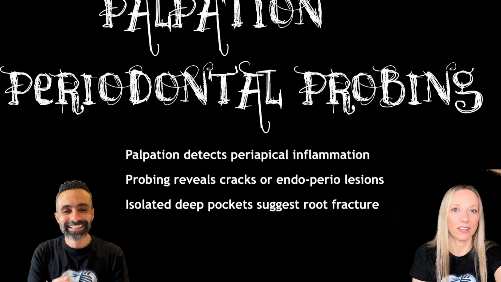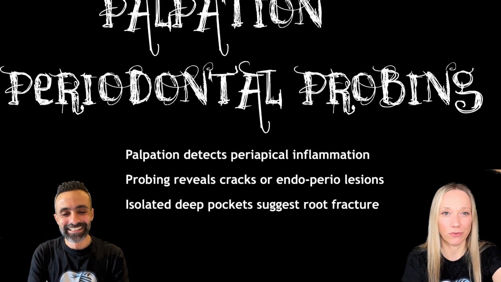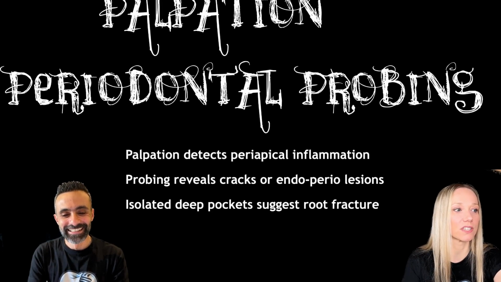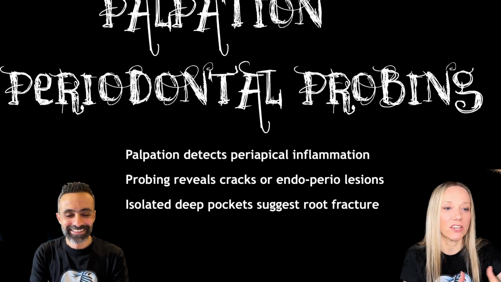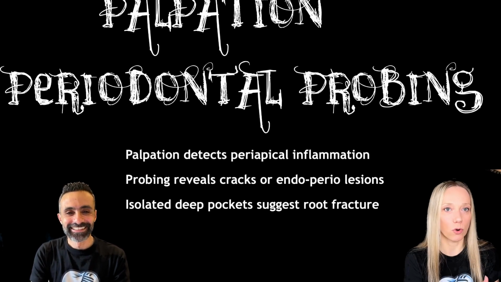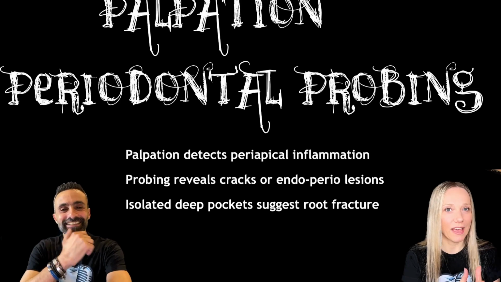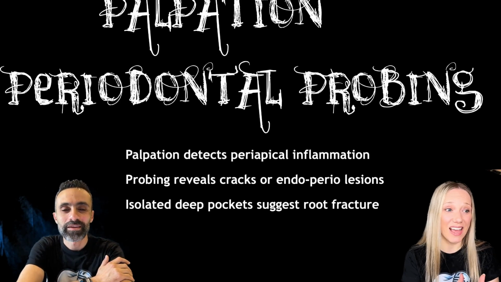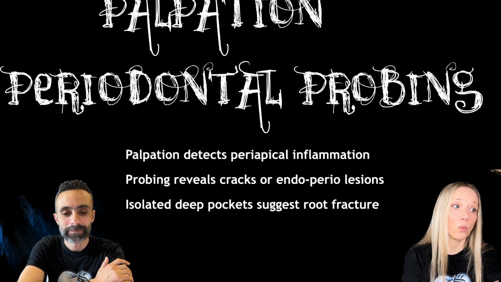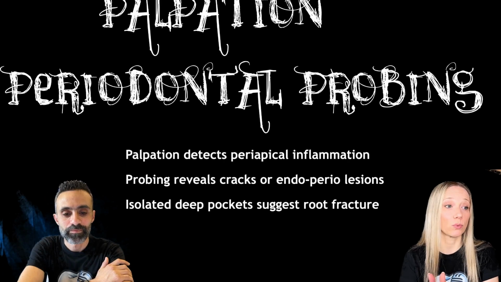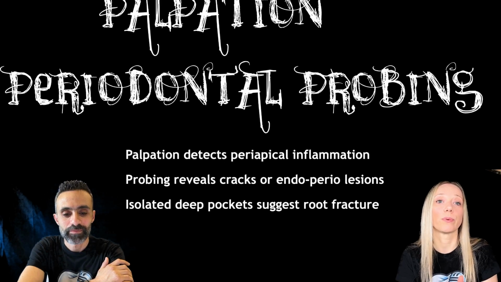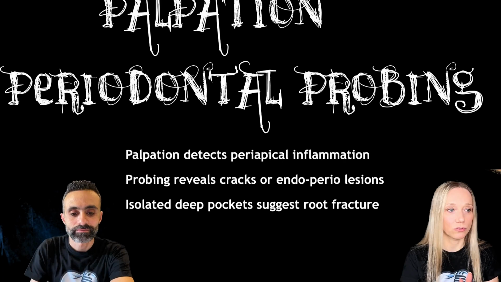And then we still don't have to be afraid of using our fingers, because we have to do some palpation and then periodontal probing. The palpation test will help us detect advanced apical periodontitis, while probing can differentiate between, for example, an endoperiodontal lesion and vertical root fracture.